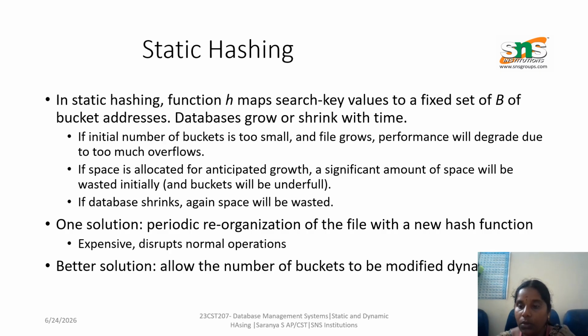For example, take the employee ID 107 with the hash function mod 5, which is H(x) = x % 5, where x is the ID. Then the operations will be performed.